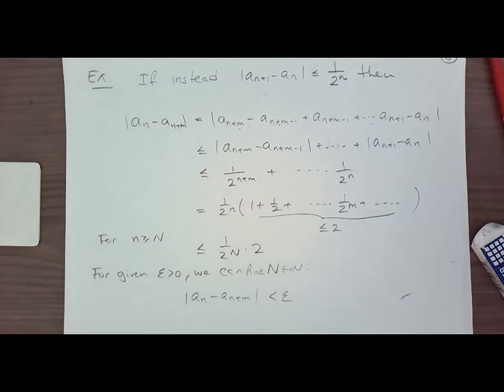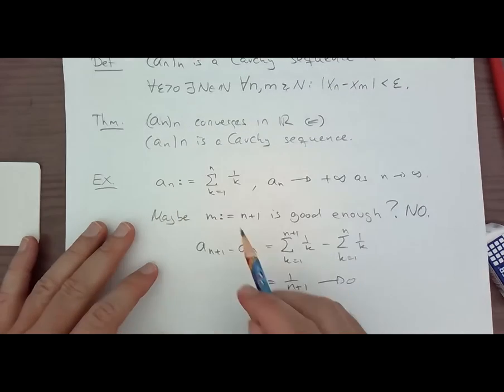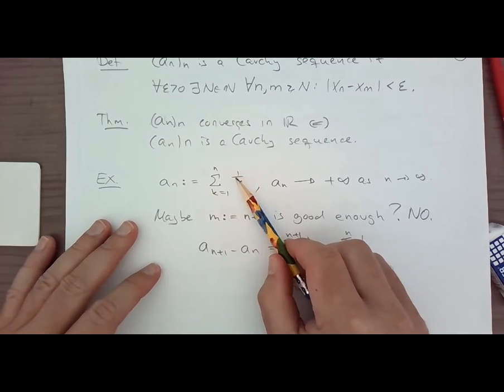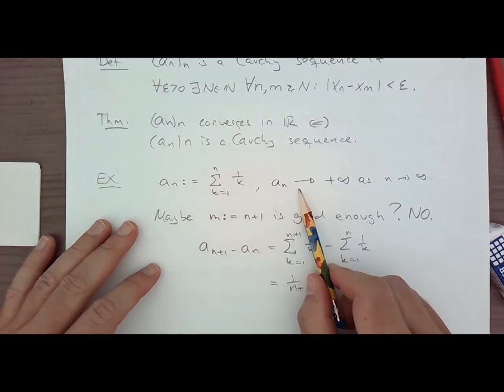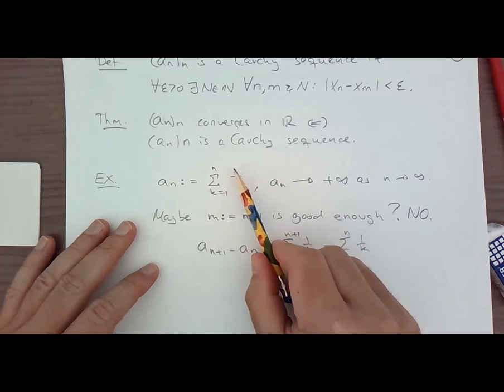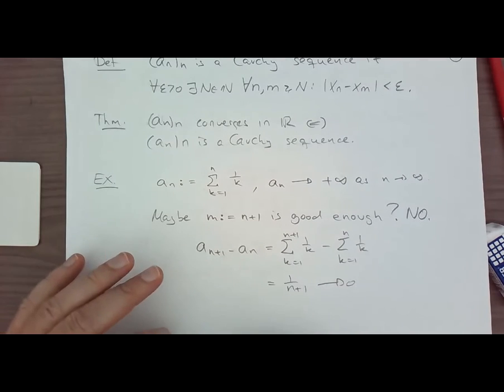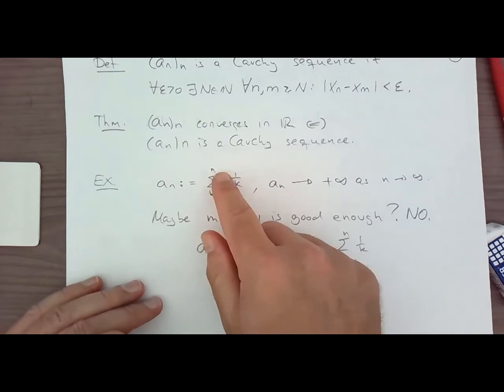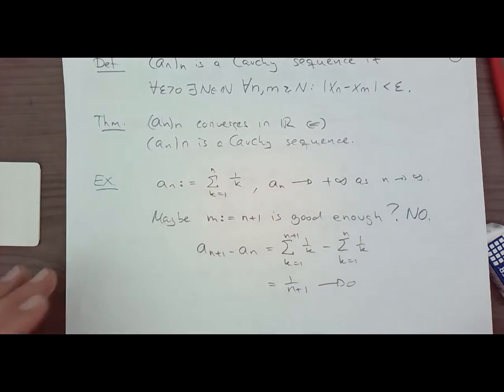The reason we spent so much time on this example is that this series here blows up to plus infinity, despite the fact that each element in the sum goes to 0. So it's not enough just to go to 0. You have to go to 0 quickly. And how quickly do we need to go to 0?